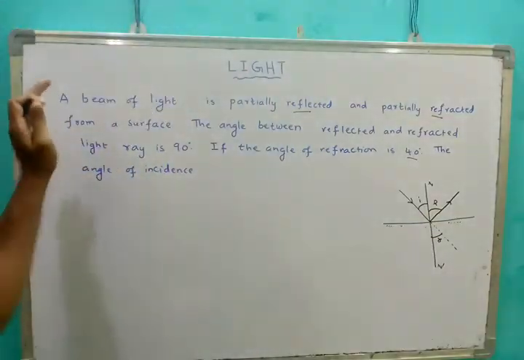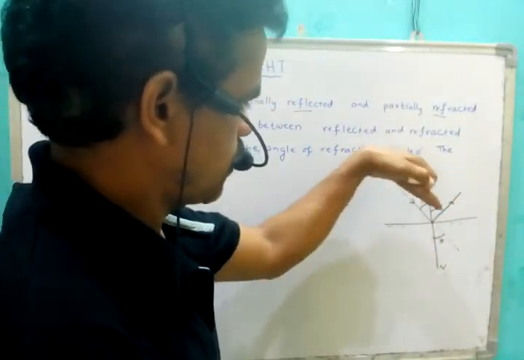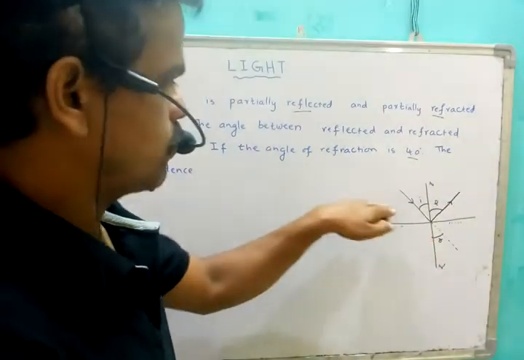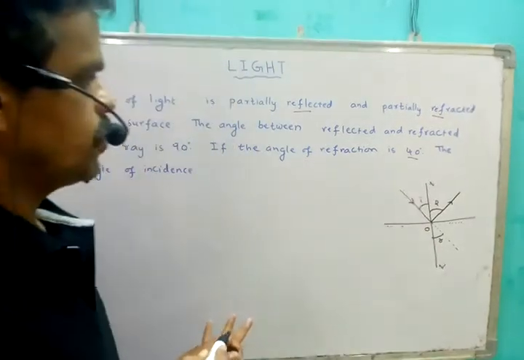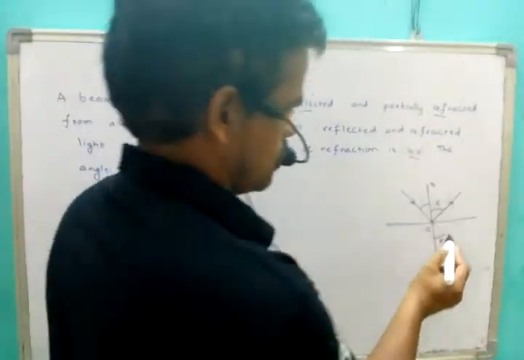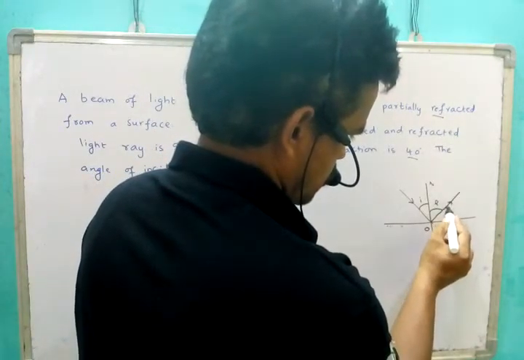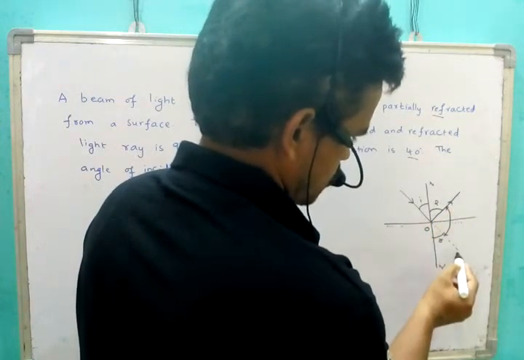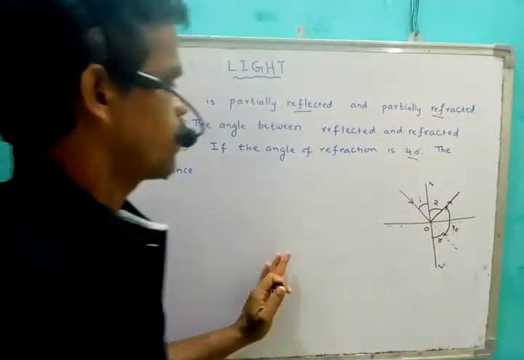A beam of light is partially reflected and partially refracted from the surface. The angle between the reflected and refracted light rays, this one, is 90 degrees.